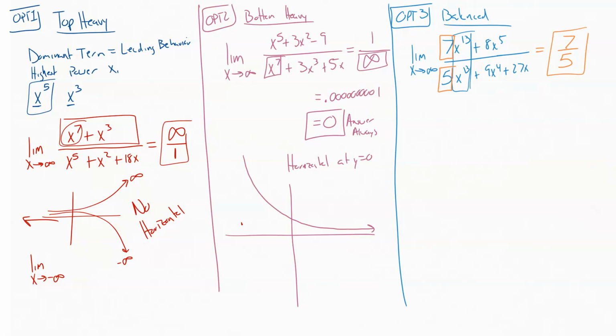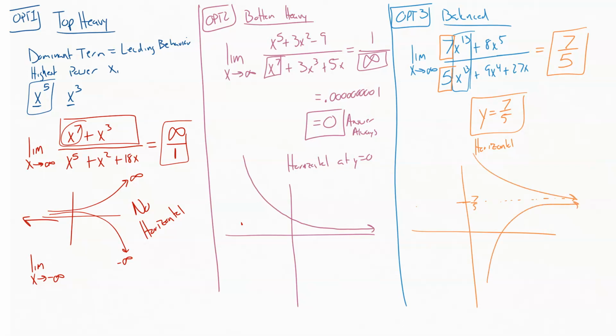When the top and the bottom are growing at the same rate, they have equal leading behavior, equal dominant terms, then my horizontal asymptote is always just going to be the coefficients. So we'd have y equals 7/5. That'd be your horizontal asymptote or your long-term behavior. And so you'd have a graph that over the long haul would head towards this value of 7/5. You don't know which direction from, but somehow it's headed that way in the long term.